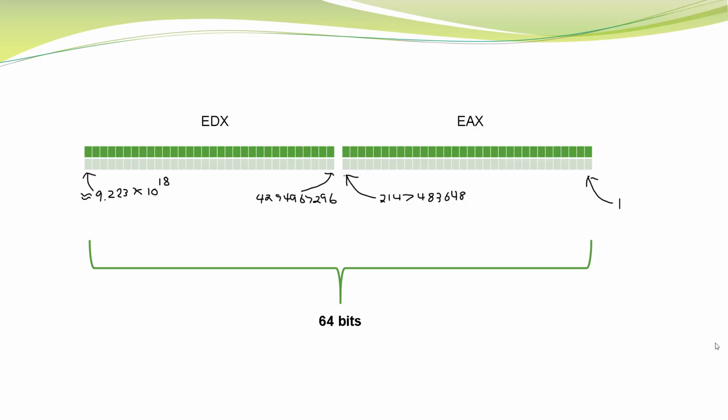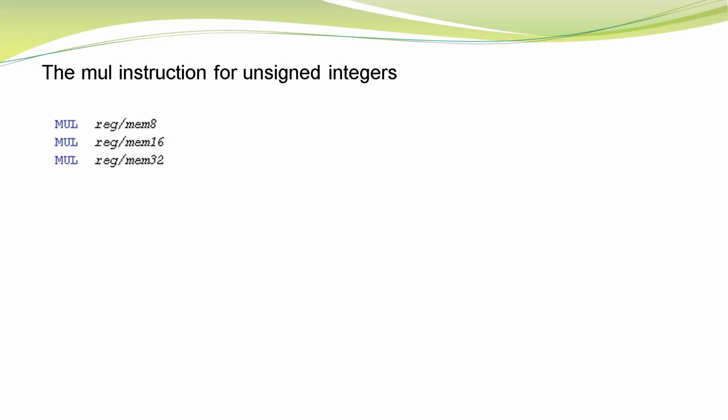And if all the bits in these two combined registers were ones, then I could have a value as large as this. So keep in mind, this idea of combining different registers for a larger storage space is fundamental to multiplying in assembly language. Here's the multiply instruction for unsigned integers.